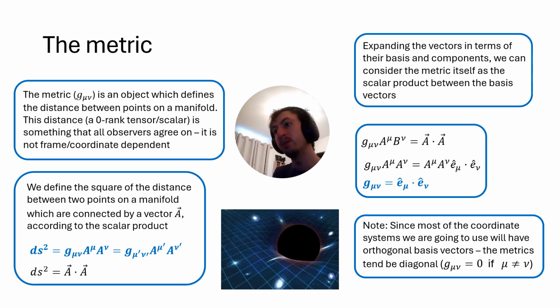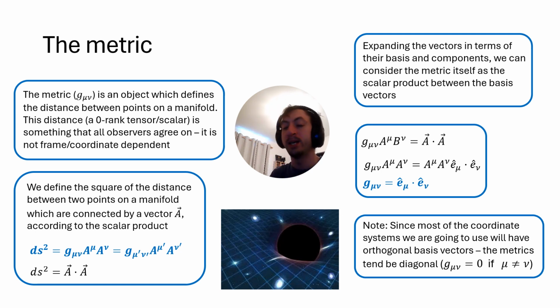So the components where mu is the same thing as nu, which referred to taking the scalar product of a basis vector with itself. And therefore, our metric being diagonal will have a fairly straightforward form, and we can even go further than that.